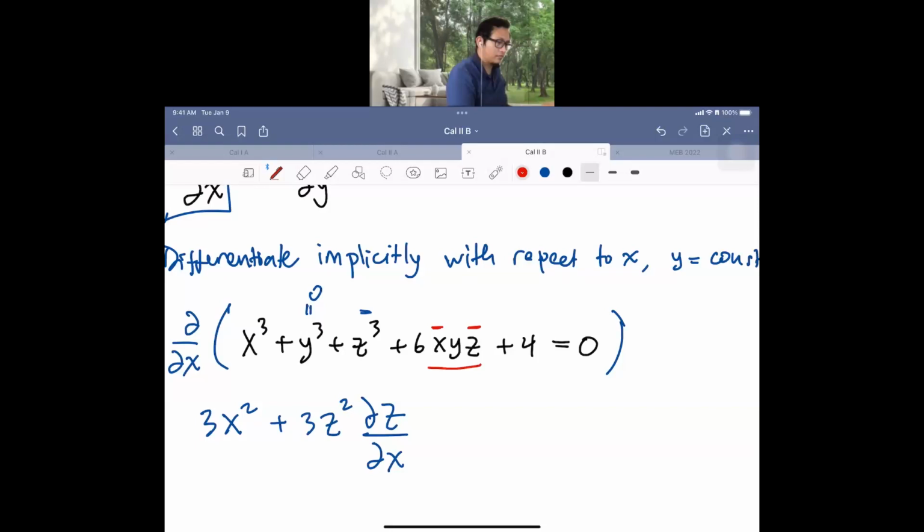So we are going to have plus 6yz, because x is differentiated to 1, and then 6xy, z becomes dou z over dou x. Okay, finish this.